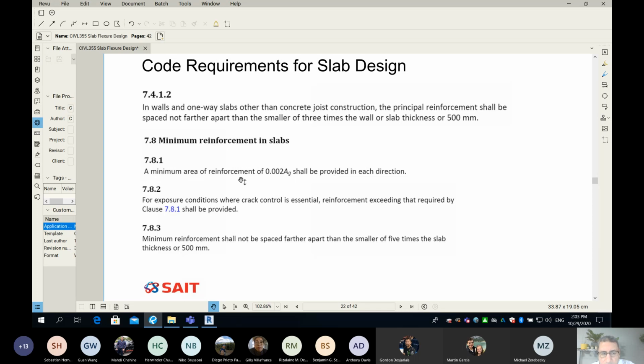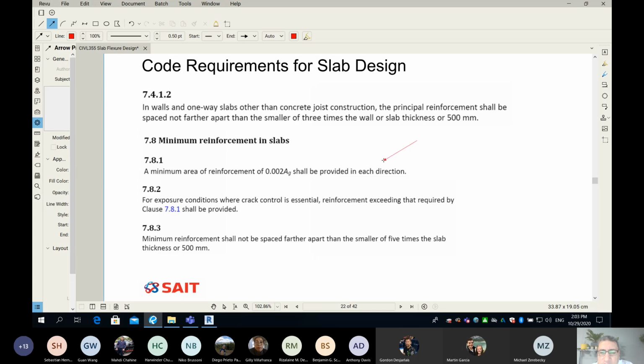So a minimum area of reinforcement of 2/1000 multiplied by A gross, which is the gross area of your design strip. And remember, this has to be provided in both directions, in each direction. I'll talk about this shortly, maybe in 5 minutes.